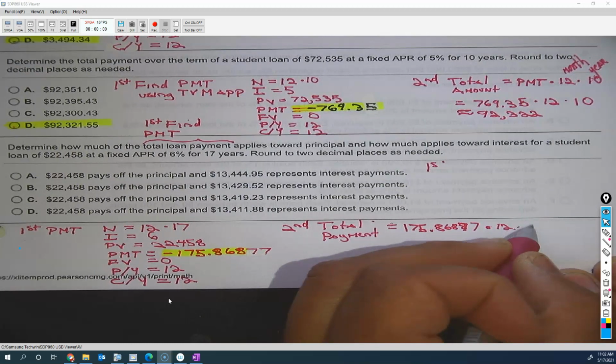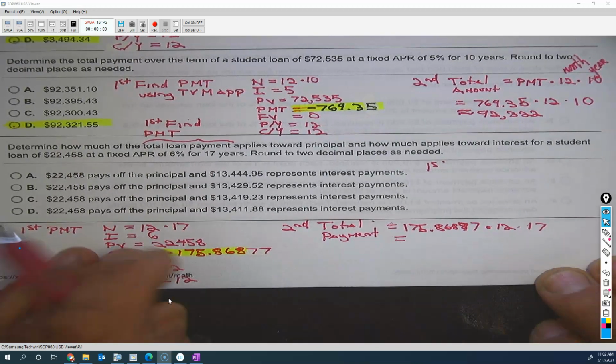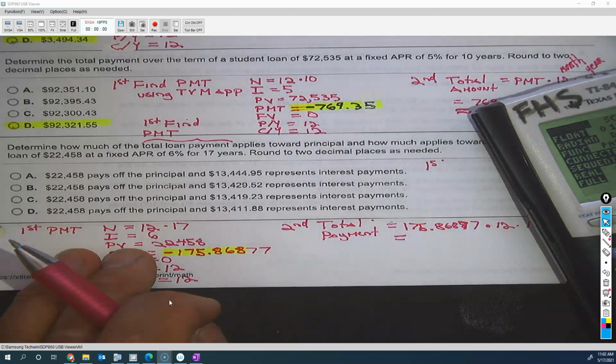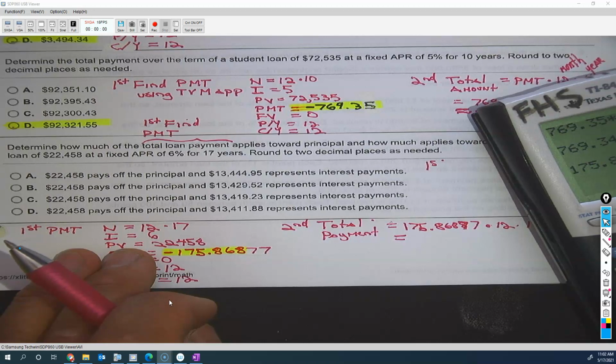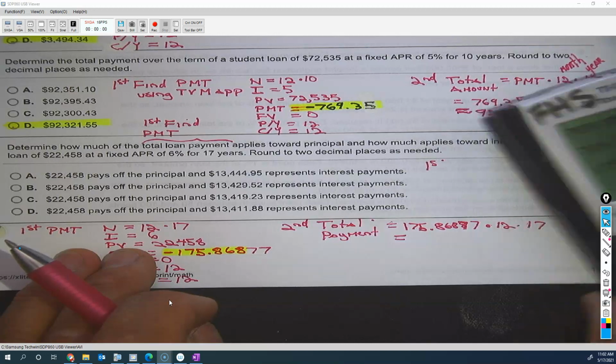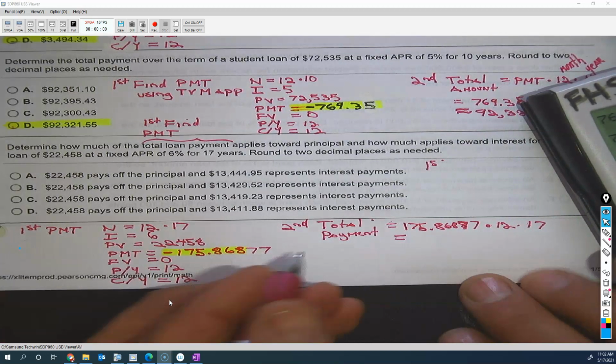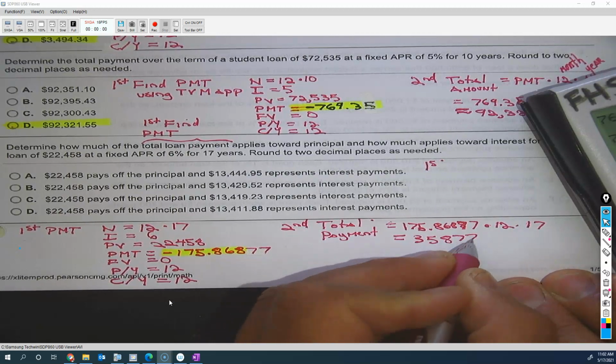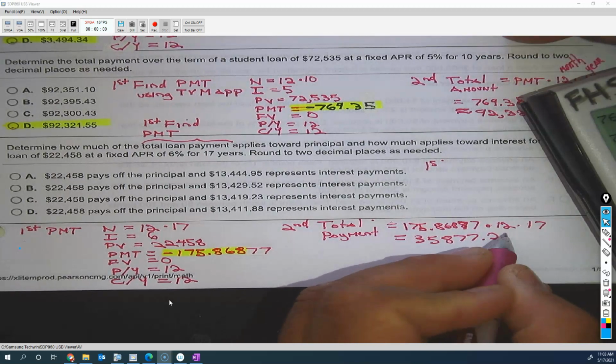Times 12 times 17. 0.86877 times 12 times 17. 35877. Now I'm going to round this.